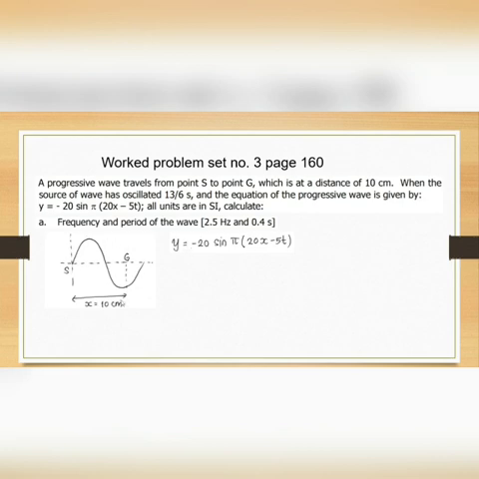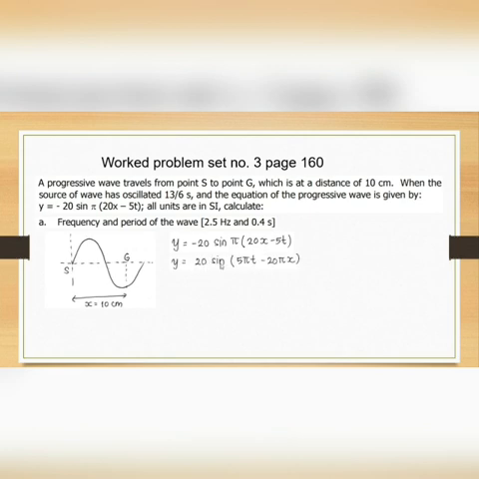This is the situation. We have S here and G, and the distance between the 2 points is 10 centimeters. The equation is minus 20 sine pi times 20x minus 5t. And of course, we want to change this equation into y equals a times the sine of omega t minus kx.